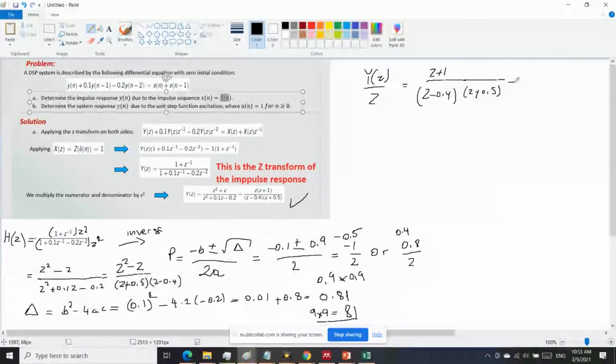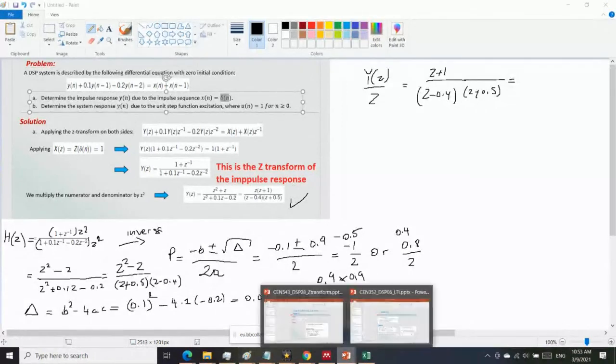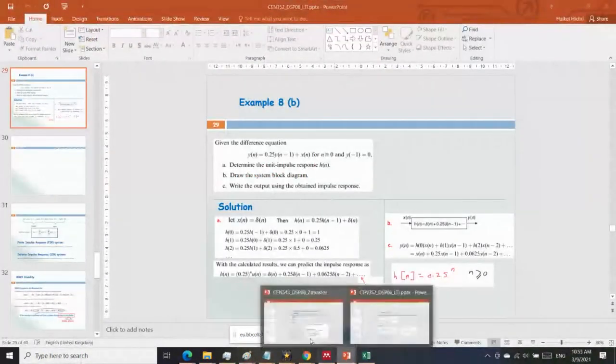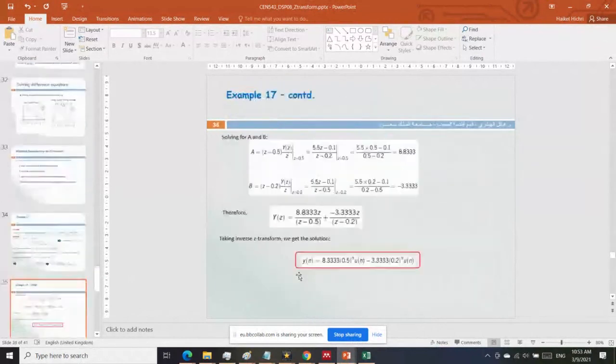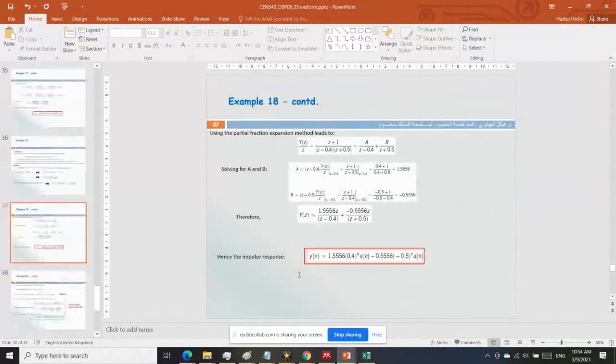And again, we are going to use partial fractions. So this will be A over this plus B over this. Then we compute A and B. Now this is Y(z) over z, and then we bring the z that was at the bottom back to the top. And then we use the table and find the final answer.